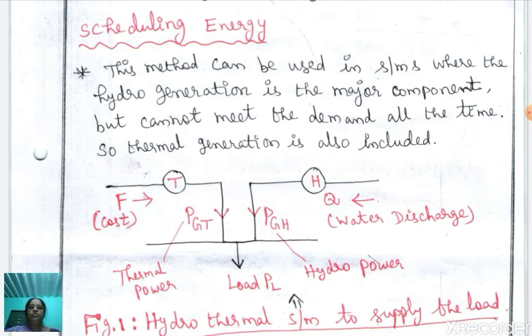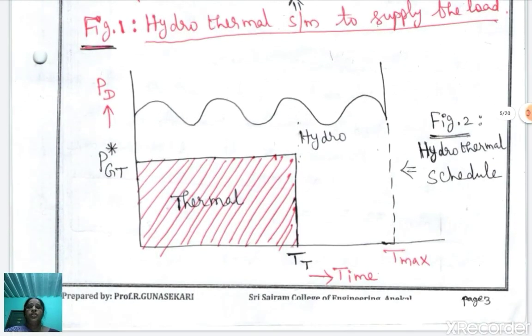So what does hydrothermal scheduling mean? The hydro power plant and the thermal power plant are both integrated to meet our load demand P_L. Now you see the hydrothermal schedule. On the X-axis we take time, and on the Y-axis we take the power, that is P_D. Now we draw the curve.